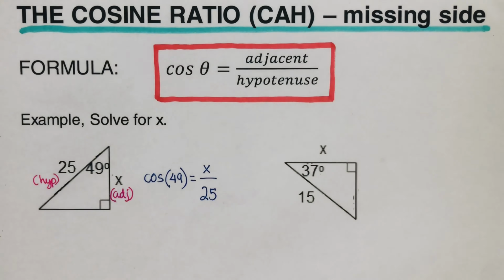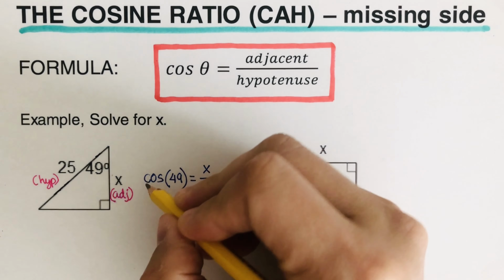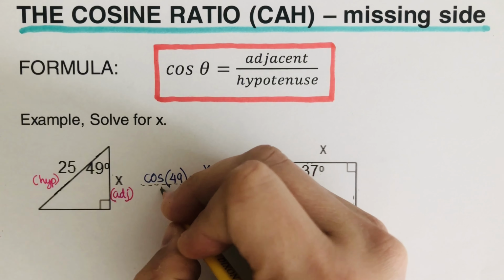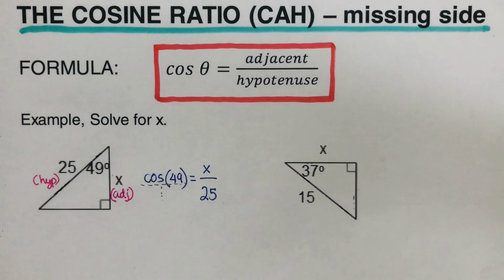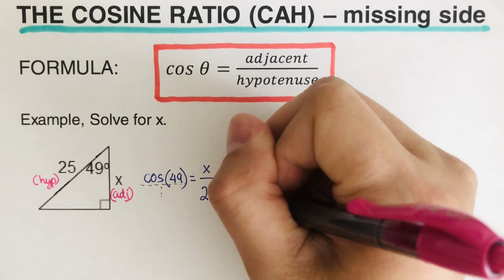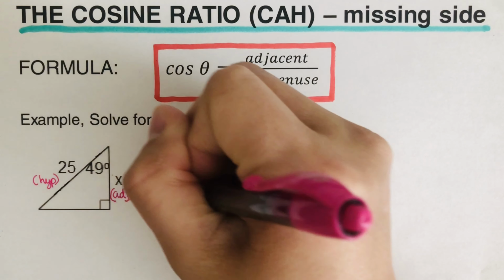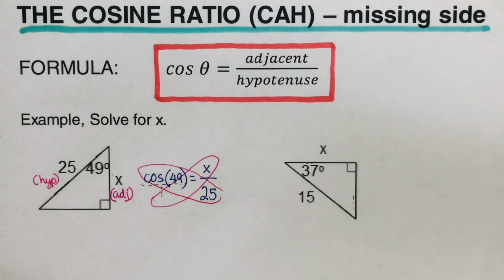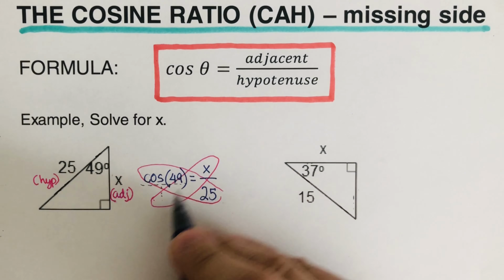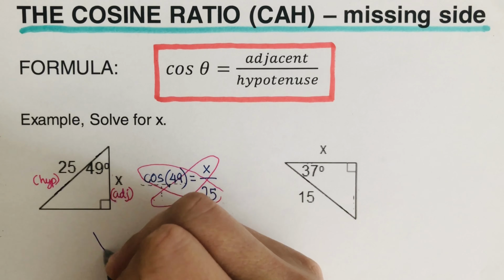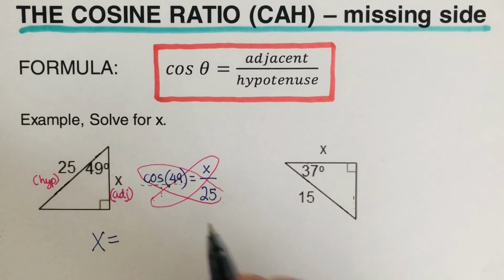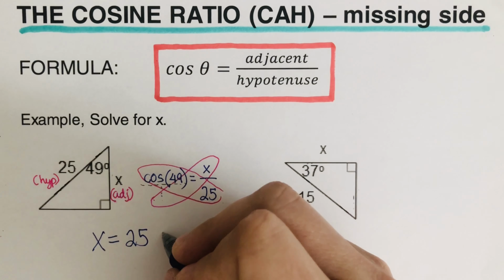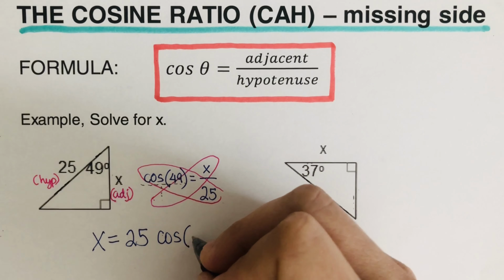Now, please remember, I mentioned this in the previous video, this cosine 49 has an invisible denominator of 1. From here, we can cross multiply. So cosine 49 and x are cross multiplied together with 1 and 25. 1 times x is just x. So x is equal to 25, write the constant first, 25, and then cosine of 49.